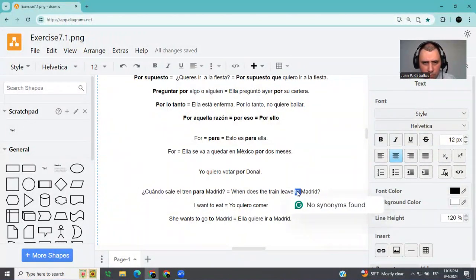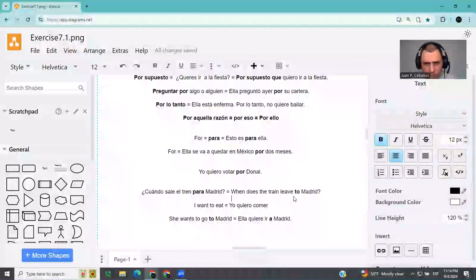To, okay, in this case, also kind of indicates movement, leaves to Madrid, but salir para, you can think of it as an expression.